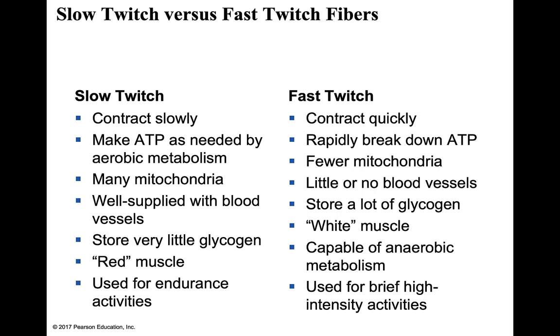Those individuals that are especially good at endurance activities have a high percentage of slow twitch fibers. Those individuals that excel at sprint type activities, they actually have a higher percentage of fast twitch fibers. Now, most people have a pretty much an equal amount of both. Okay? And once again, this is genetically determined. Okay? One of the things I like to say, this is dependent upon how well you pick your parents.